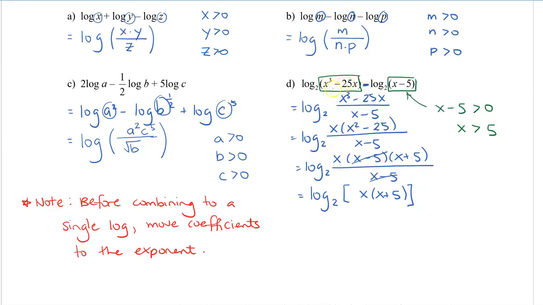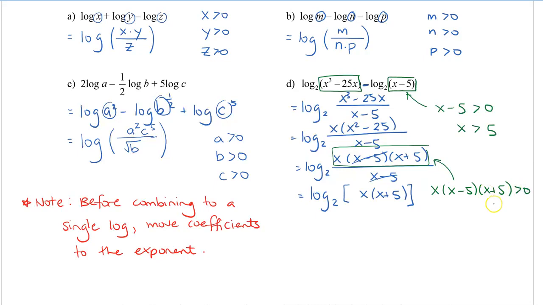The other expression says that x cubed minus 25x has to be greater than 0. But I'm going to use the factored form, which is right over here. So I'm going to use that x times x minus 5 times x plus 5 has to be greater than 0.